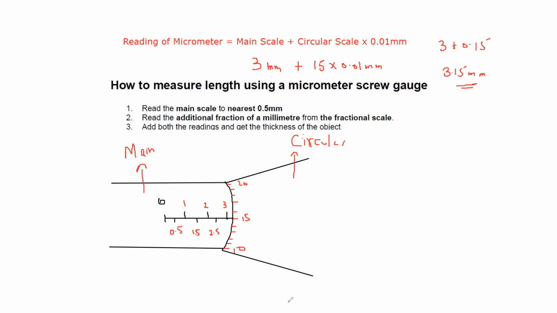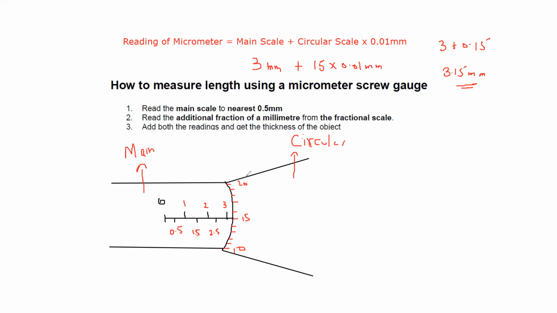Sir, you haven't drawn a line to show how long the object is. Yeah, because sometimes, instead of giving the whole micrometer, they only take a part, like they give you the main scale and circular scale and ask what the reading is.